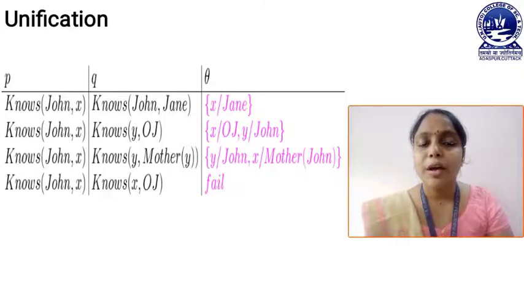That is the main function of unification. And if the same variable is used in two different literals, then these two atomic sentences cannot be identical, because in this case we cannot use the substitution. This is all about unification.